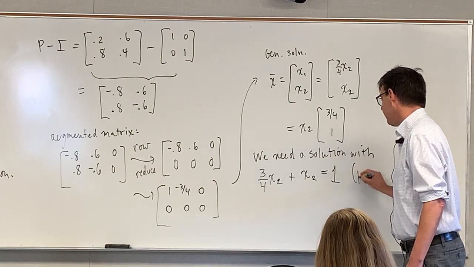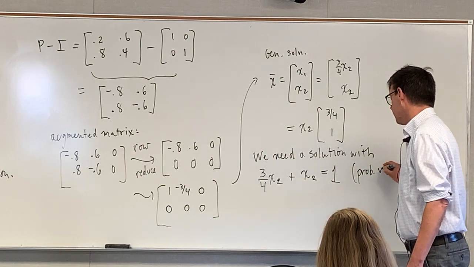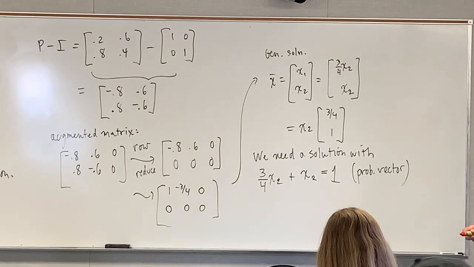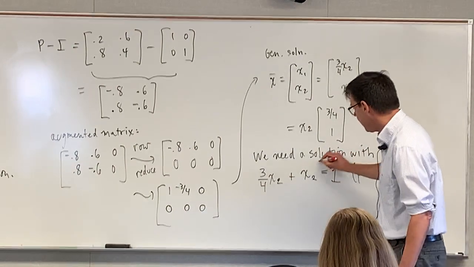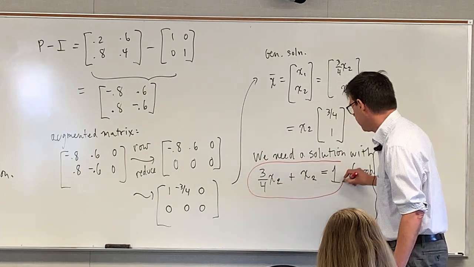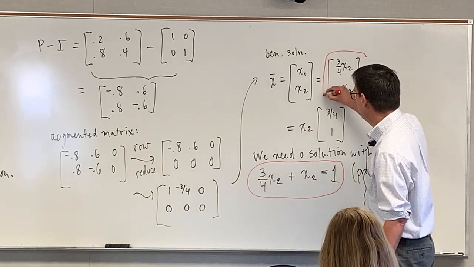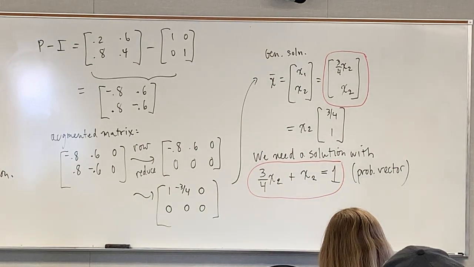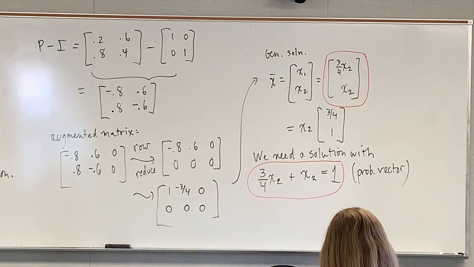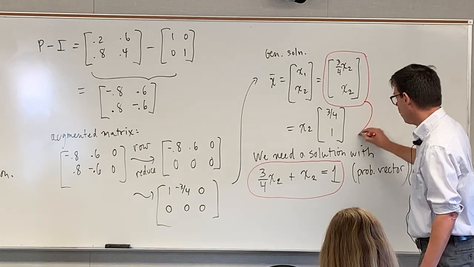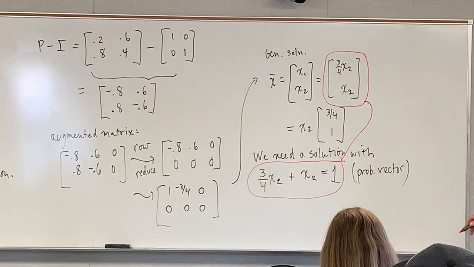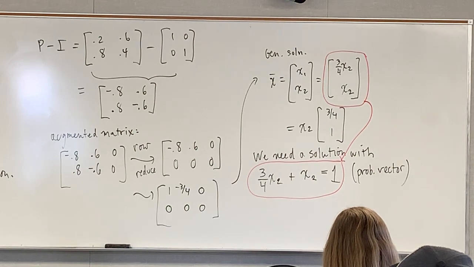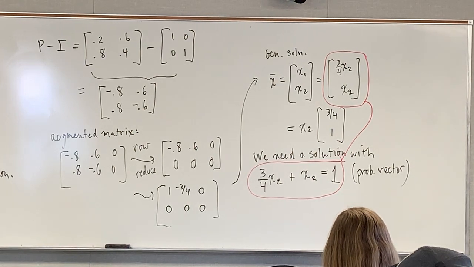That's to get a probability vector. So do you see where I'm getting this from? I'm just taking the entries in this form. I'm just saying x1 plus x2 has to add up to 1. But I plucked it out of the form where we had just one variable. So we can solve for x2. Does that make sense?